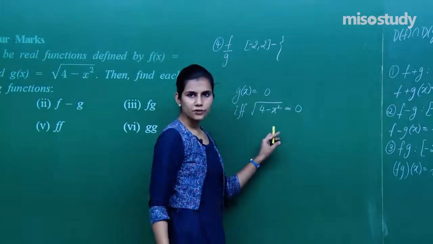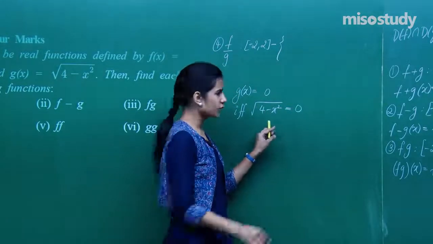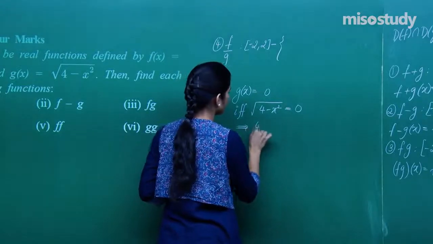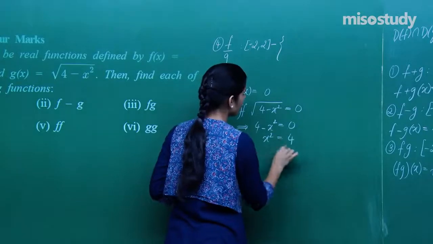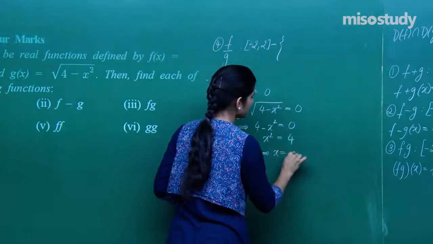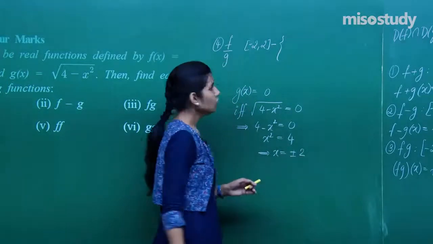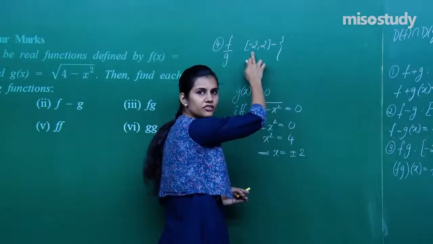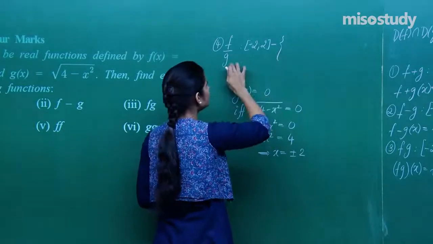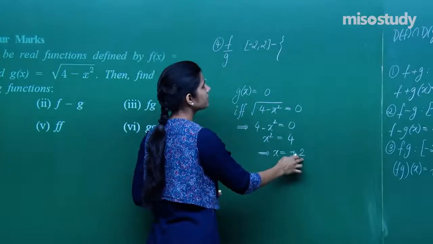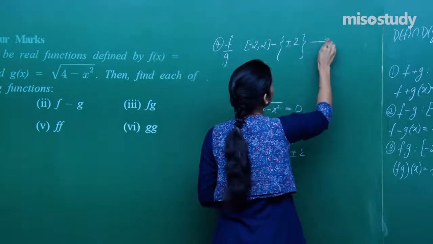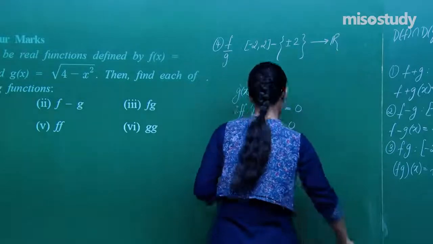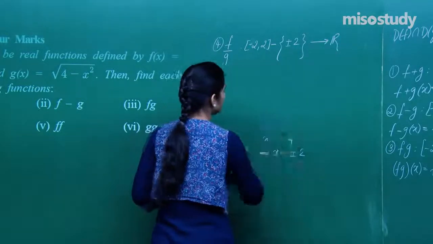Root of a non-negative quantity is 0 only when that quantity is 0. That is 4 minus x square is 0. That means x square is 4, which means x is plus minus 2. So from domain of f intersection domain of g, remove all those x's where g(x) is 0, which are plus minus 2. This is the domain of f by g. Is it clear?